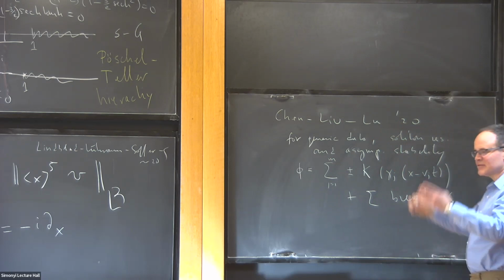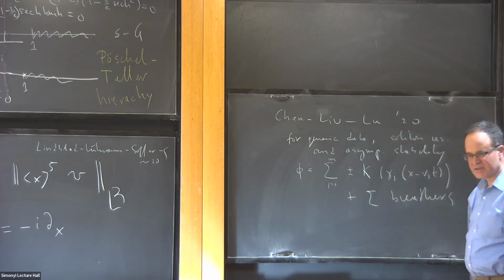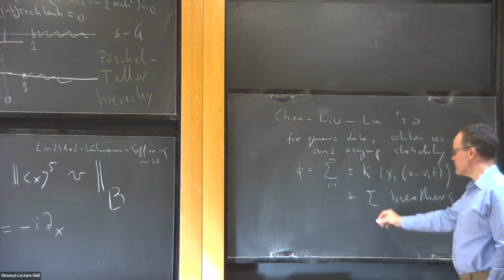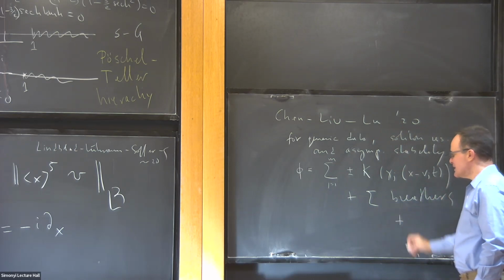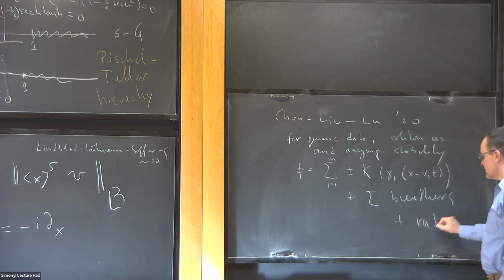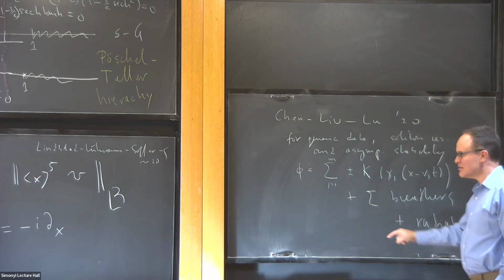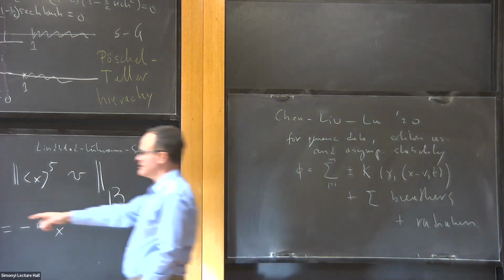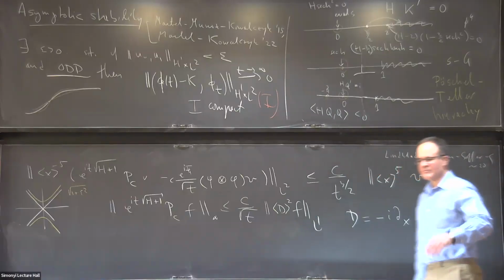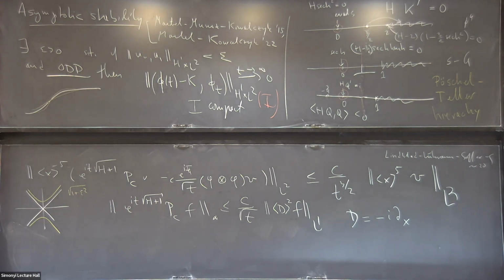Breathers. What are breathers? They are localized solutions that are periodic in time. They can also move. So you have a bunch of those, and then you have radiation. But you have to be very careful what you mean by radiation. It decays in L infinity. However, you don't have scattering in the standard sense. You don't have wave operators.